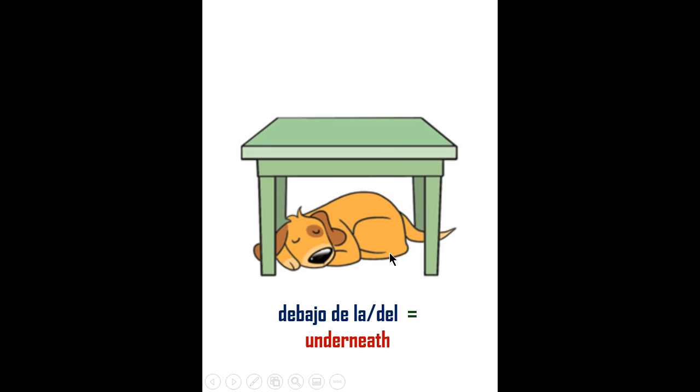Let's say that the dog is underneath the student desk. Then I would have to say instead, el perro está debajo del pupitre, is underneath the student desk. Pupitre, del pupitre. Pupitre is masculine and singular, so I must use the contraction del, of the.